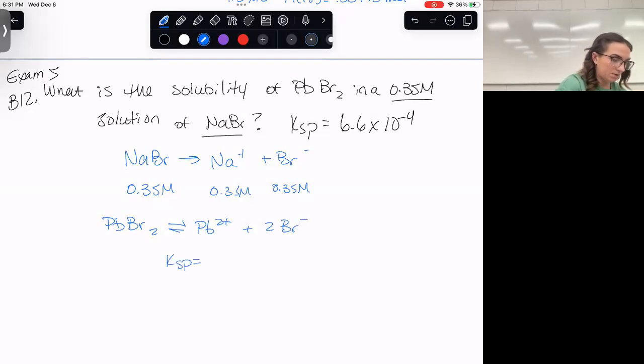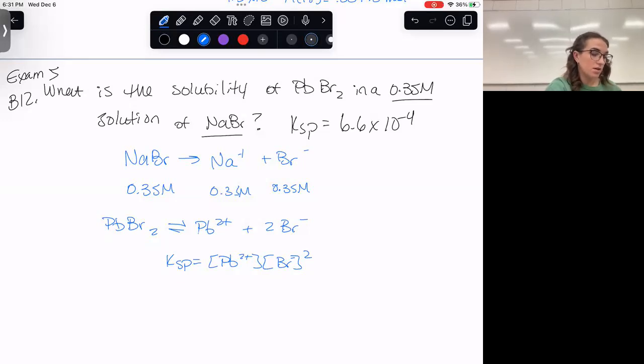So KSP will be equal to lead 2 plus times Br minus squared. No, right, because it's just your concentration. Yep.